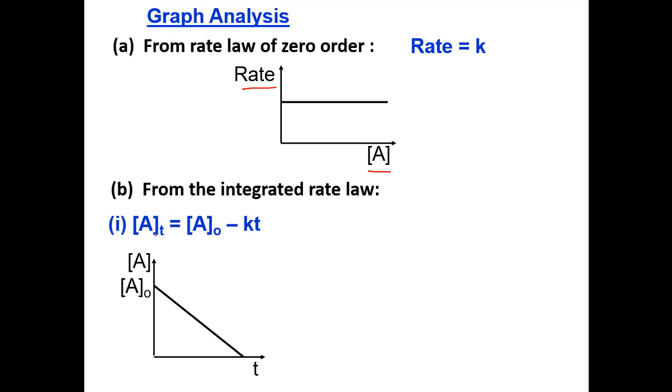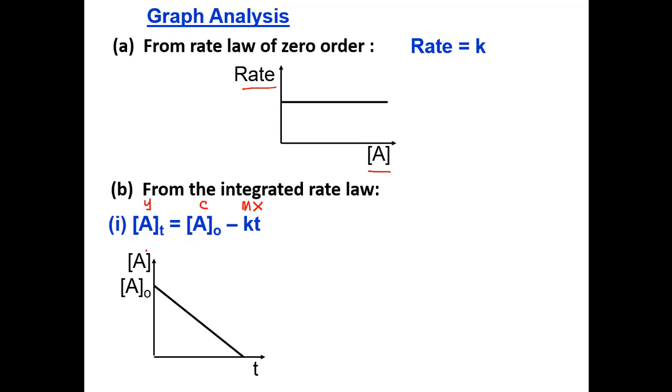A at time T ni adalah you punya Y lah. You punya rate constant adalah you punya gradient. You punya T adalah you punya X axis. And then you punya A0 adalah you punya Y intercept.